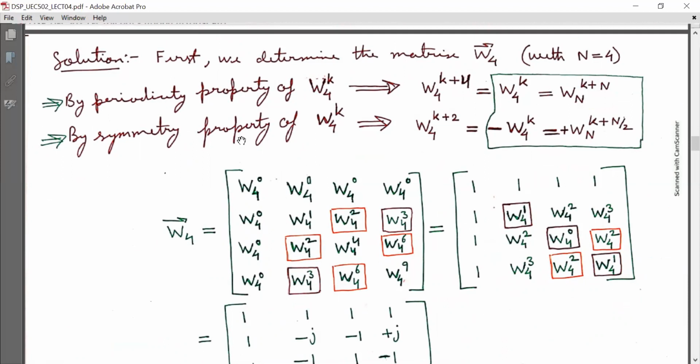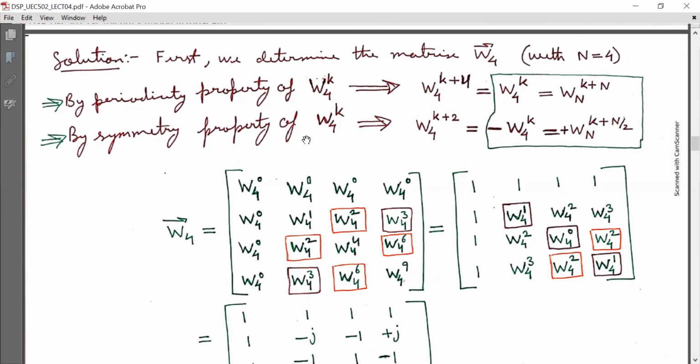By periodicity property of twiddle factor, for capital N equal to 4, W raised to power k is equal to W raised to the power k plus capital N. Yes, this is the periodicity property.